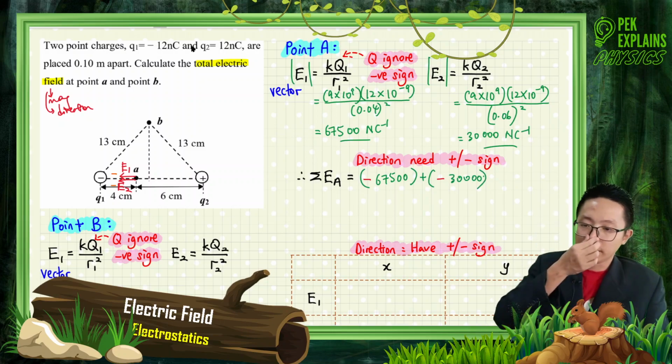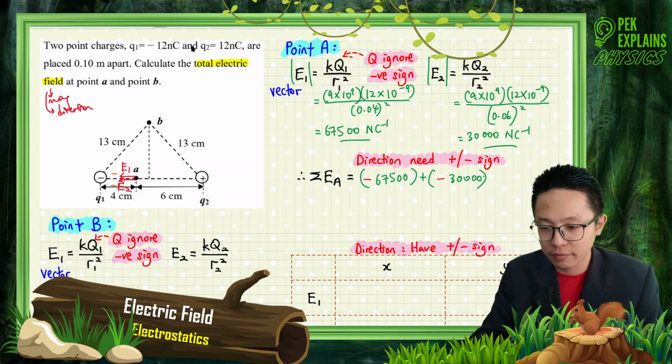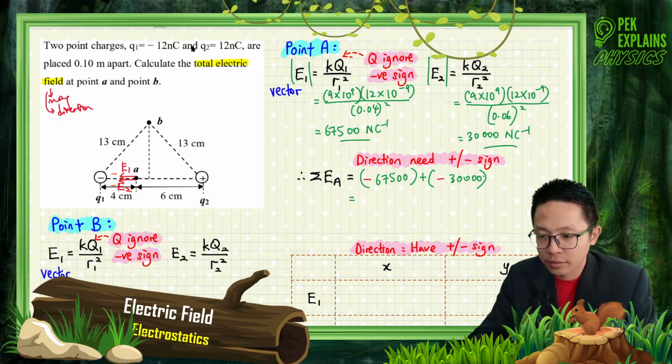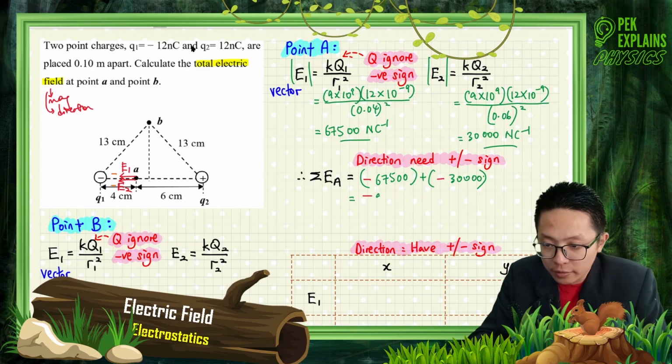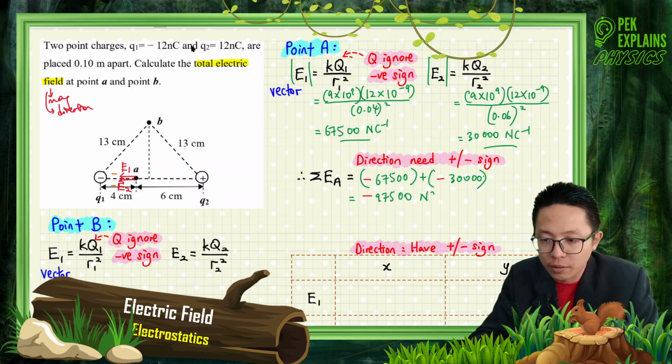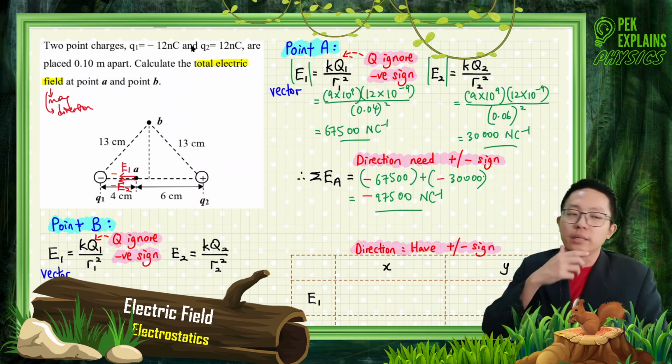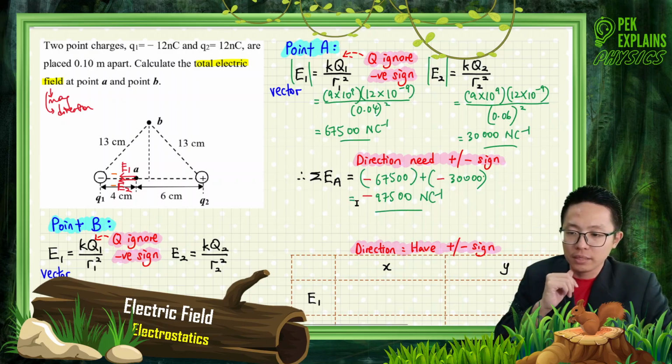Negative means to the left. So in the end, you get the value negative 97500 Newton per coulomb.